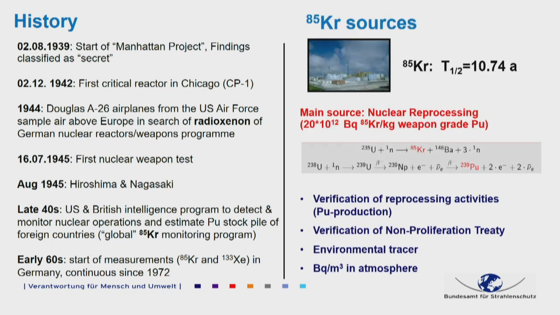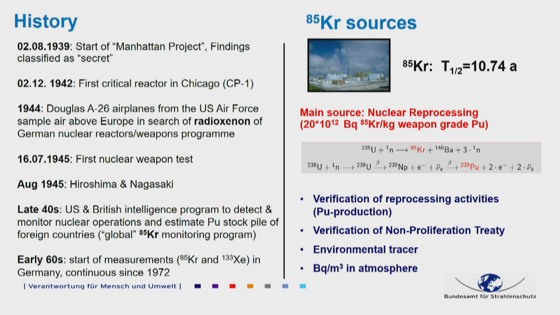The main source of krypton-85 is nuclear reprocessing, with about 20 terabecquerels of krypton-85 emitted per kilogram of weapon-grade plutonium produced. It can thus be used for the verification of reprocessing activities, that means for verification of plutonium production, for the verification of the Non-Proliferation Treaty.